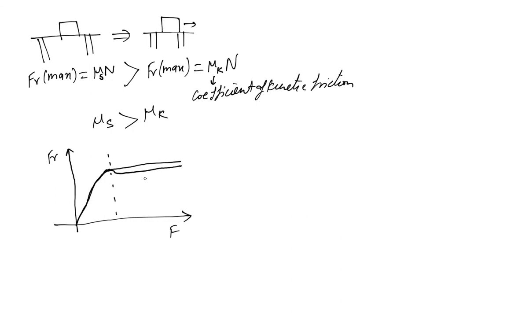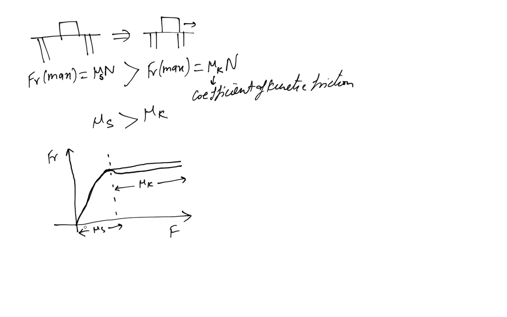Why does it go down? Because in this region the force of friction takes a value with coefficient mu k, and in this region it is still mu s, right?